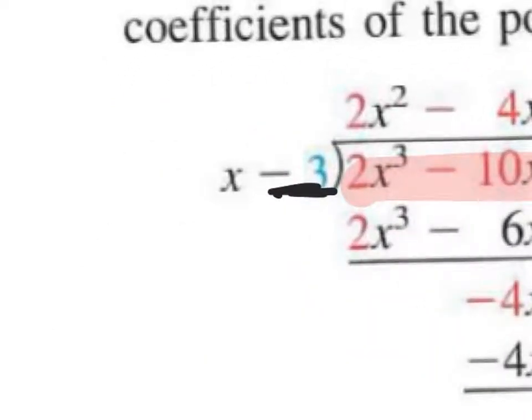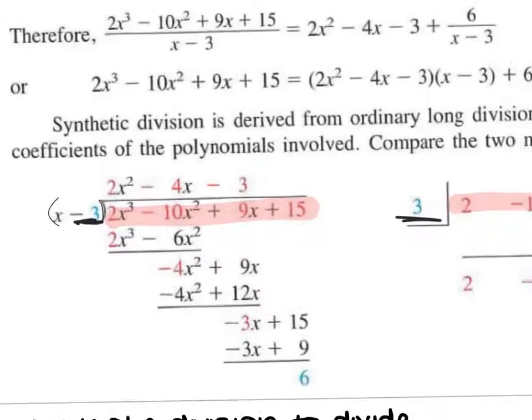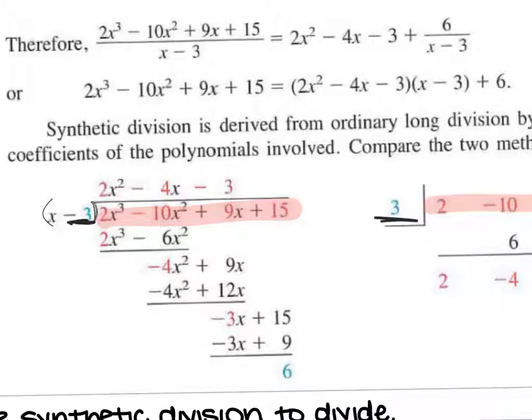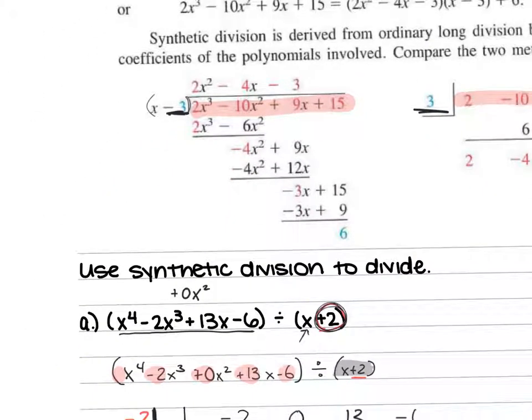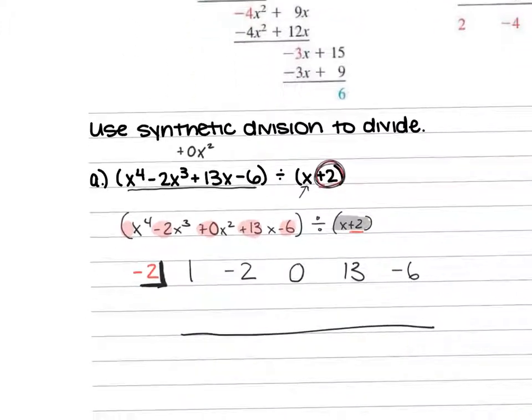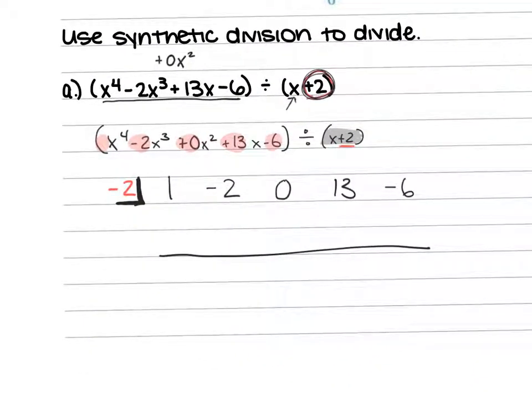They had x minus 3 in parentheses, so they put positive 3 out front. So we're just putting the opposite of that number. Let me show you in the next one. It's going to make sense as to why, because in a moment, you're going to be like, wait, what? I got to do what? And then I'll go through the explanation of why it is that we're using the opposite.